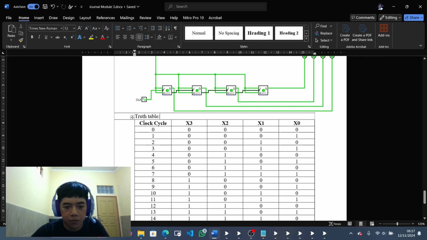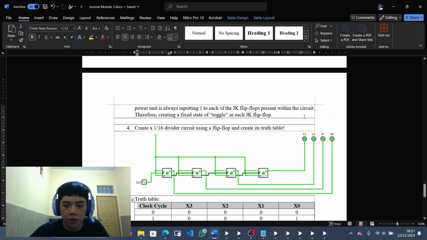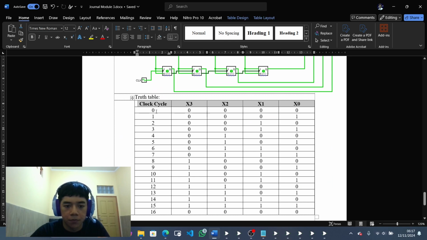Right, so from the truth table here, we can measure it using the clock cycle and using all these output variables here. So I created from 0 to 16 here because I actually want to prove when it goes back to the first clock cycle, clock cycle 0.